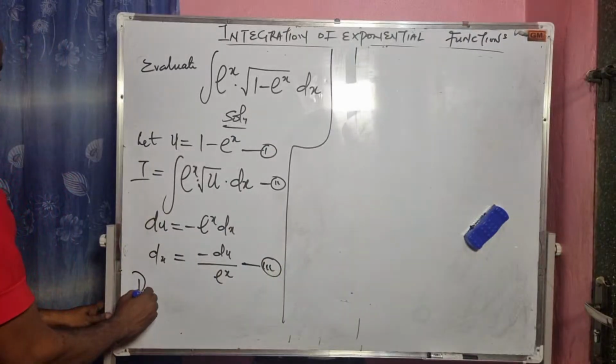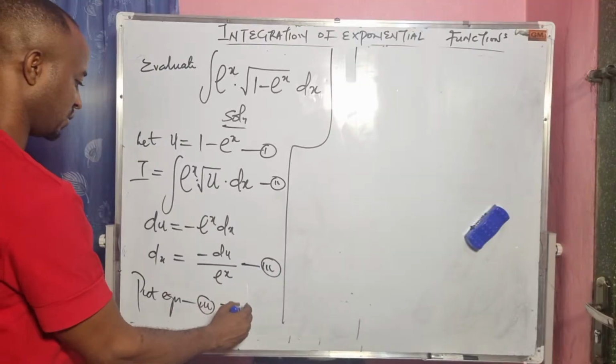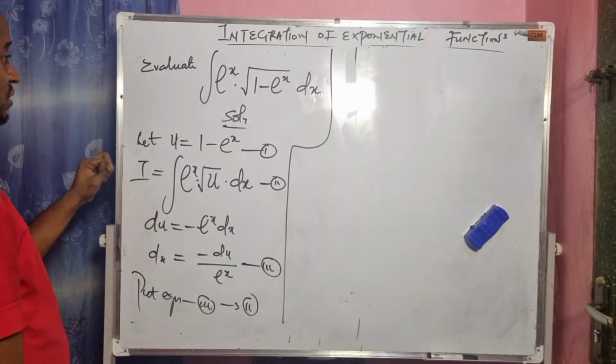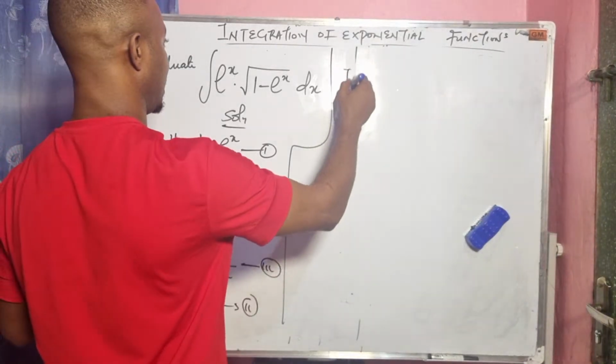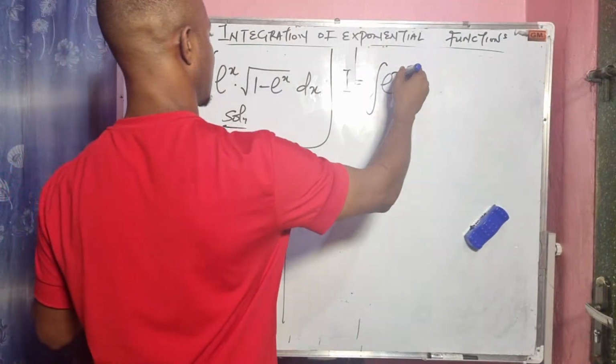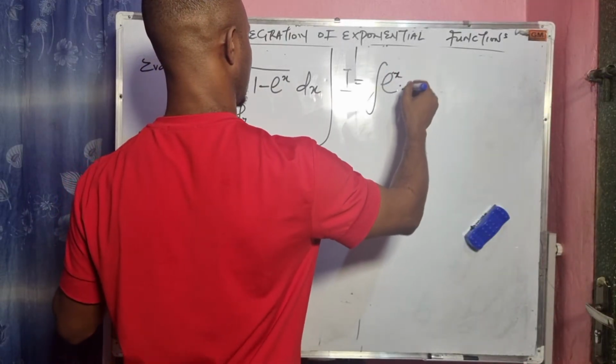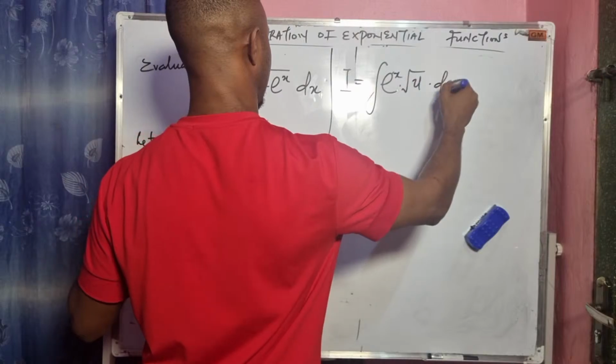I can say put equation 3 into equation 2. Equation 2 actually states that our I equals the integral of e^x times root u times dx.